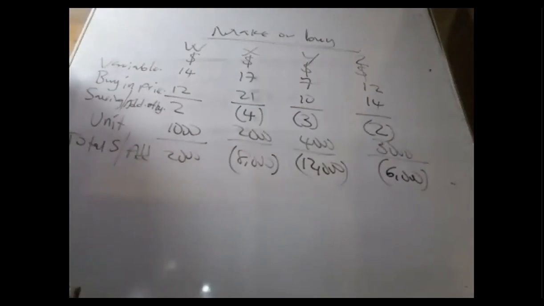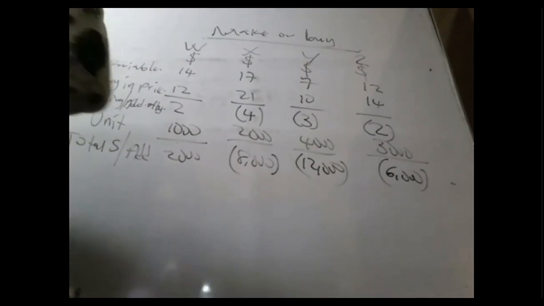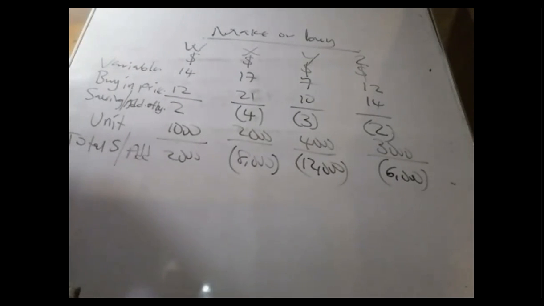Then let's see, there's a direct fixed cost there. And those fixed costs, the company will save upon buying. Some of the direct fixed production costs will be saved if you go and buy the goods outside.